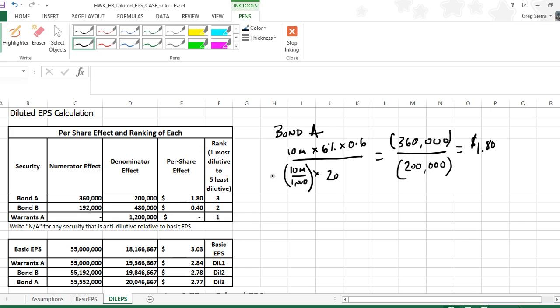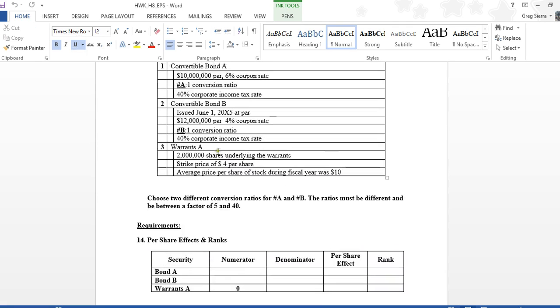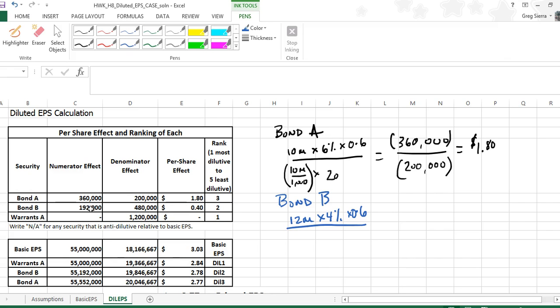Okay, so bond B, and let me choose a blue pen. Bond B is, if I remember correctly, 12 million times 4% times 0.6, 1 minus the tax rate. But it was only outstanding, and maybe I didn't account for this here, from June 1, so 7 months of the year. So let me step into this formula, and I did not.